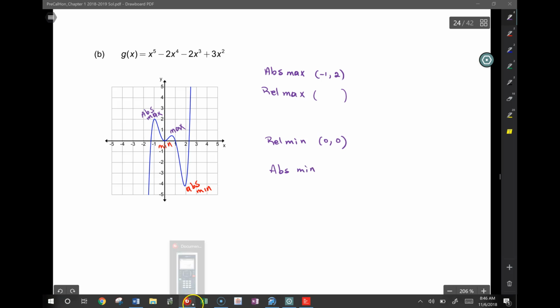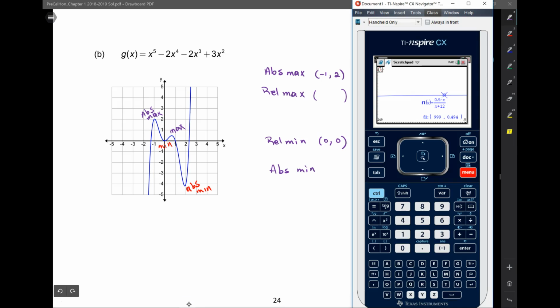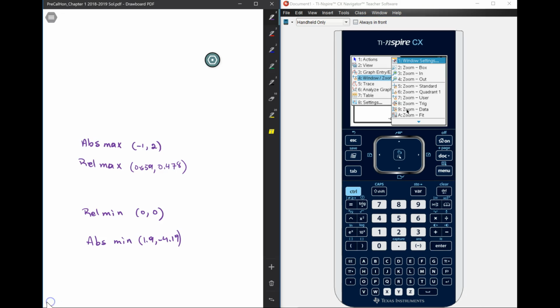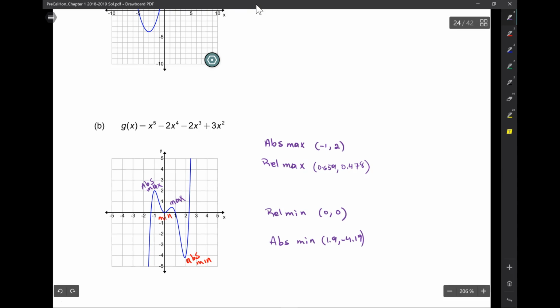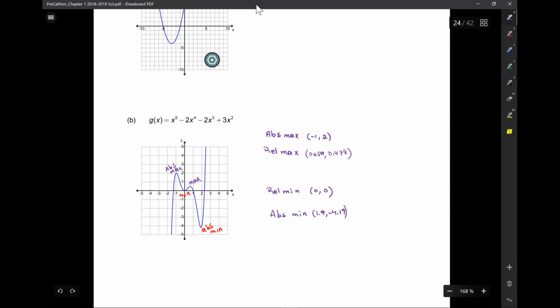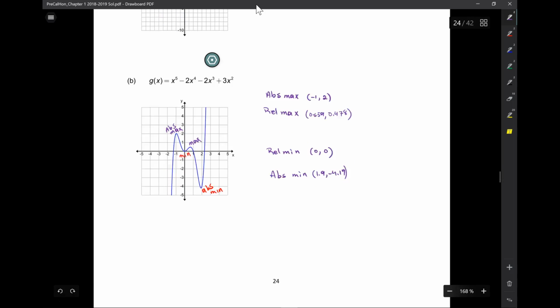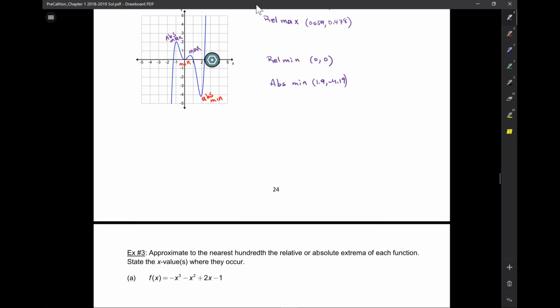So let's put this in the calculator quickly. All right, let me stop this for a minute. Okay, so that's the way you're going to round for absolute minimum or maximum and relative minimum or maximum.